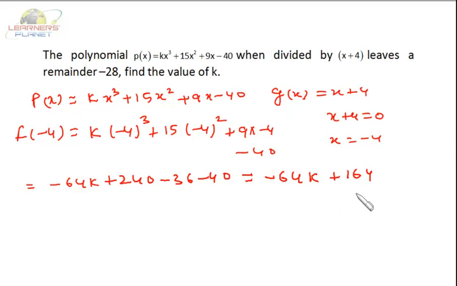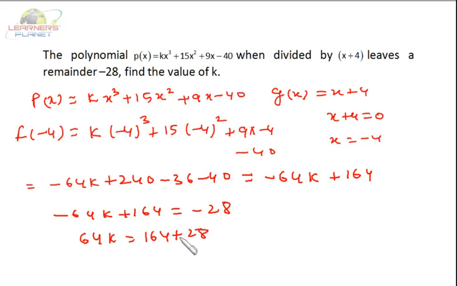Now if p(x) is divided by g(x), the remainder is minus 64k plus 164. But in the question, we are given this remainder as minus 28. That means minus 28 is this, so we can equate them. So minus 64k plus 164 is minus 28, or we can say 64k is equal to 164 plus 28.